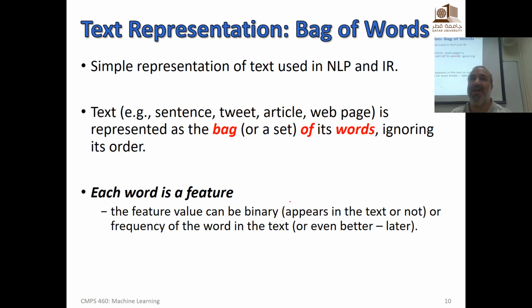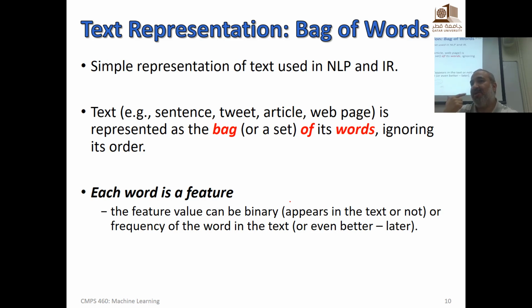So we ignore the order completely, and we just keep the words themselves. That's why we call it a bag or a set. In mathematics, a set doesn't have any indication of order. It has just some items, without their order. In this case, we will deal with each word as a binary feature.